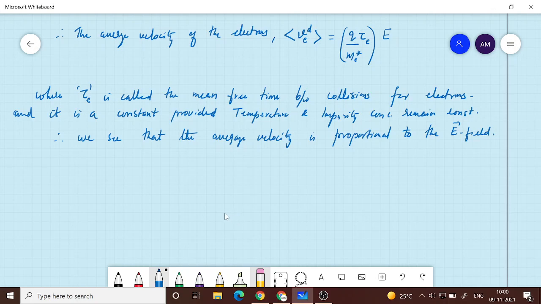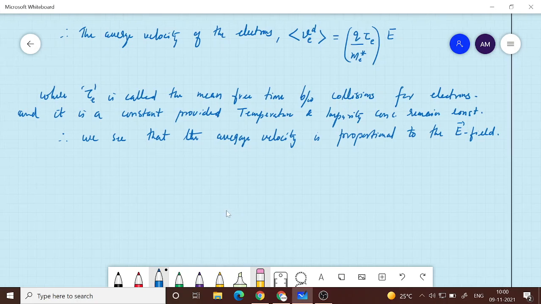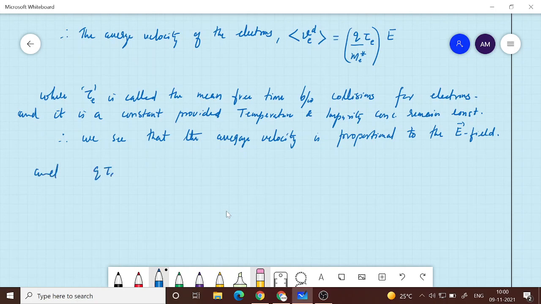So we see that the average velocity is proportional to electric field, and q times tau e divided by m e star, we will define as what is called the mobility, mu suffix e, the mobility of the electron.